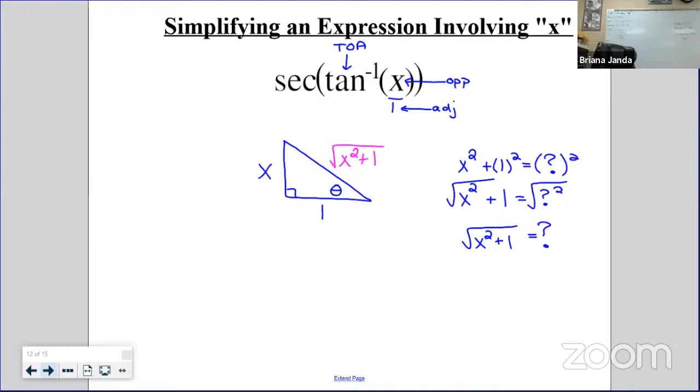And now I use that theta to, again, identify my opposite, adjacent, hypotenuse and set up the outside function. Secant is the reciprocal of cosine, so it will be my hypotenuse over my adjacent. My hypotenuse is the square root of X squared plus 1. My adjacent is 1, which we wouldn't need to write.